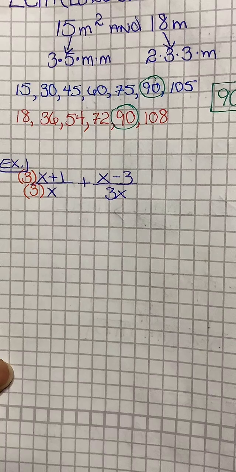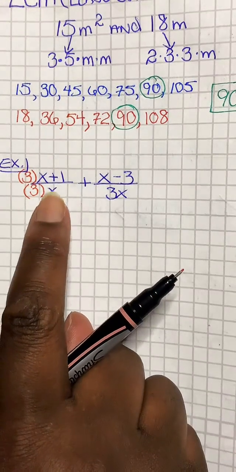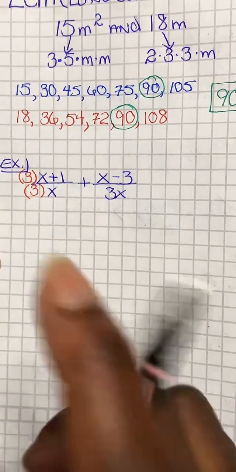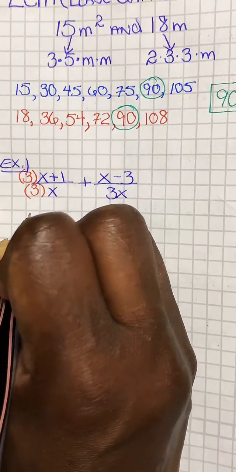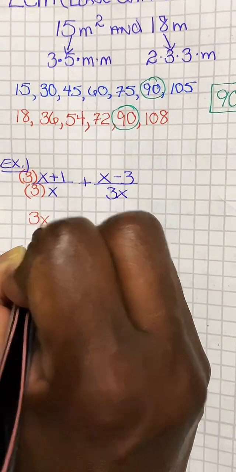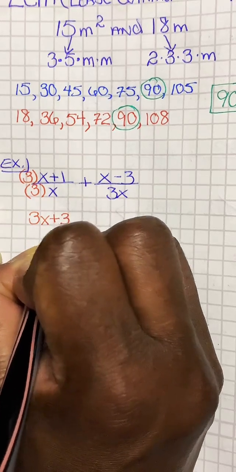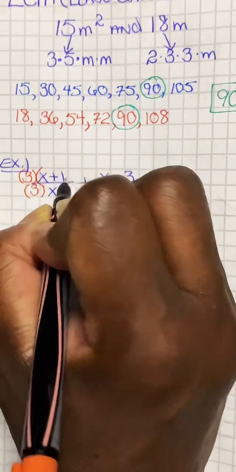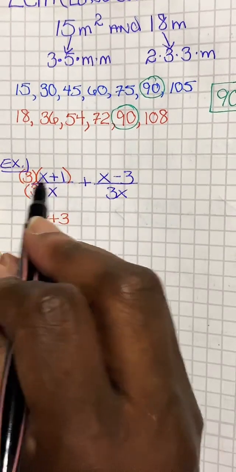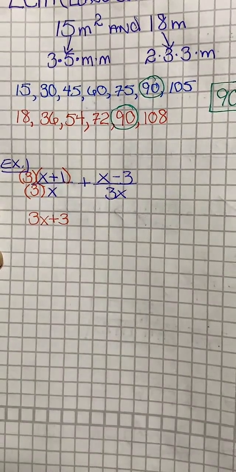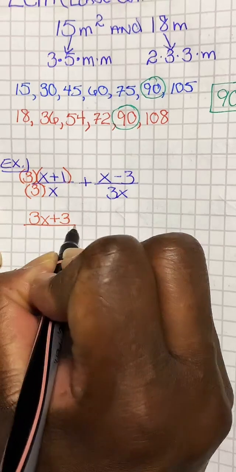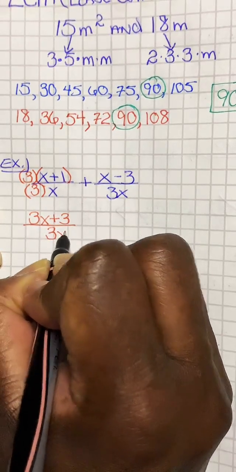Okay? Yes, there you go. By 3 over 3. Good. All right? So whatever we do in the denominator, we're going to do in the numerator. So now, that means this new ratio is going to be 3x plus 3, because we're not just multiplying the x by the 3, we're also multiplying the 1 by the 3, over 3x.